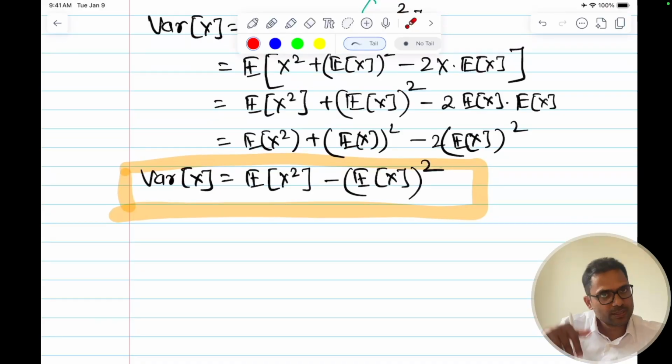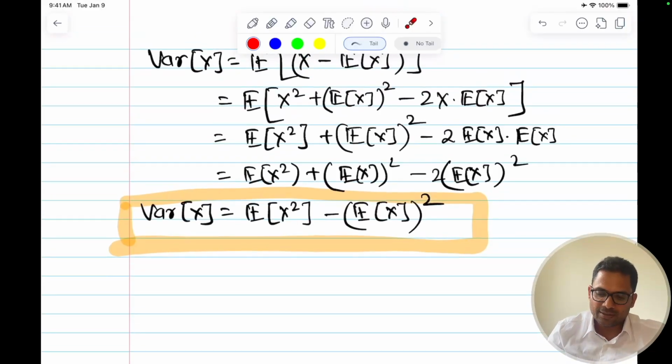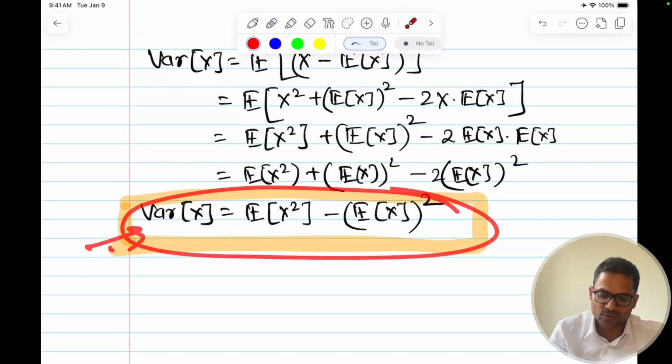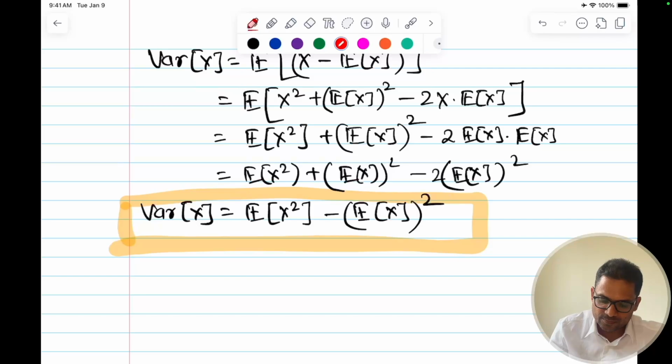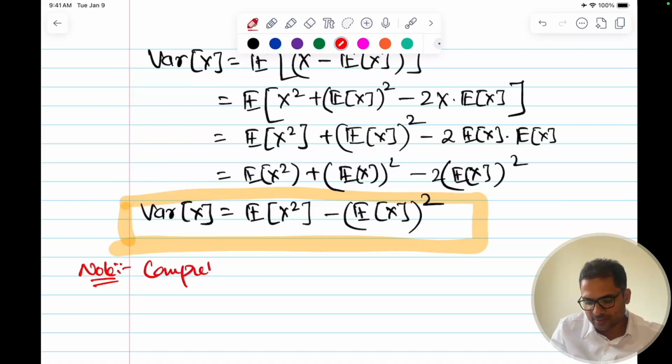Now let's use this understanding again. So why is this important? Why are we studying this? This is important because this formula is generally used for computation. I'll write a note. This is the computation formula for variance.